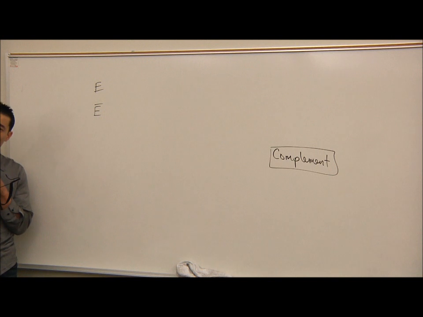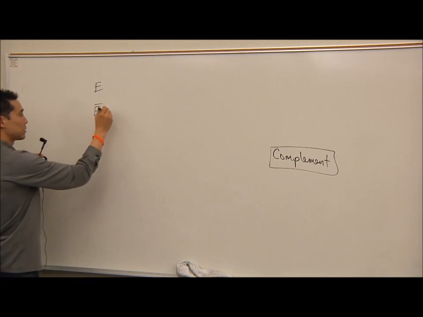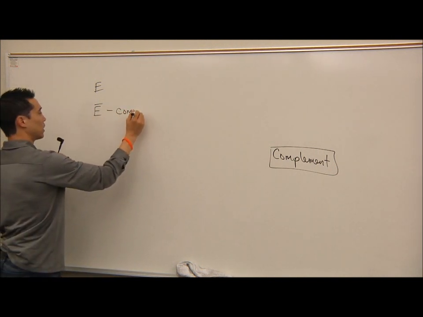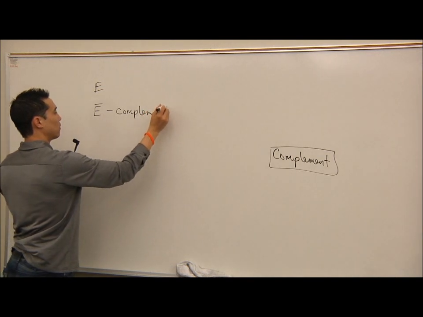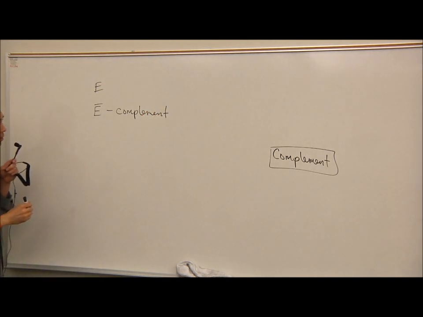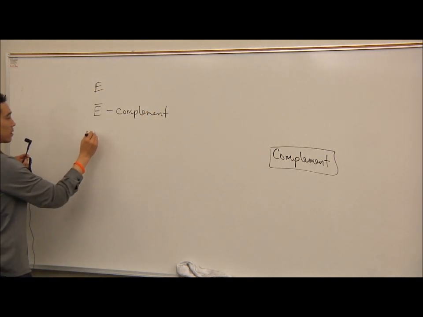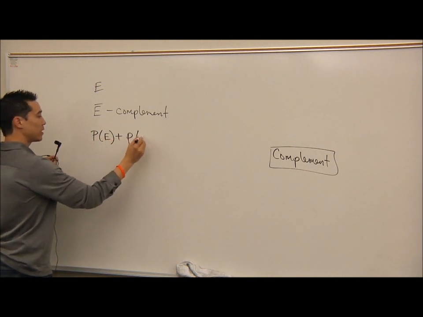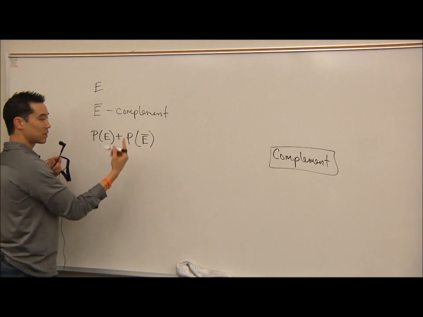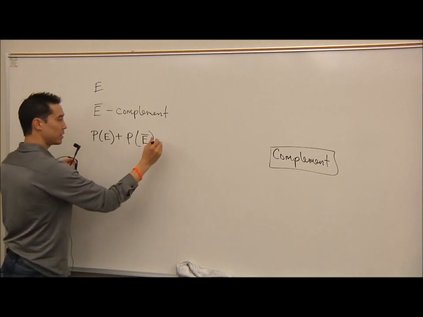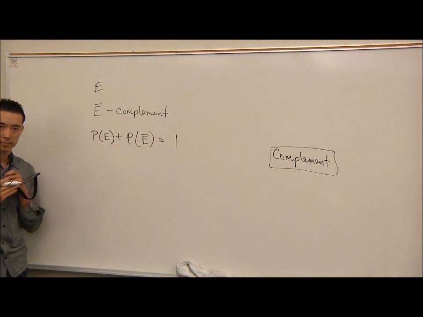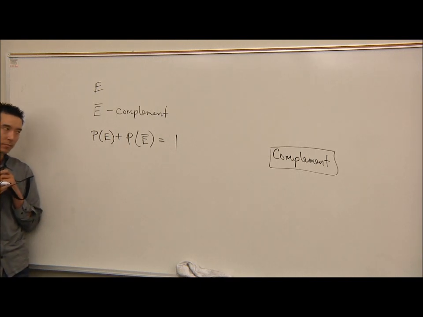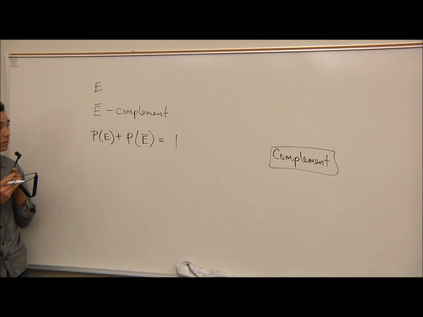It's just E with a line on top of it. That's the complement. Okay? And what we need to know is the probability of E plus the probability of E complement, which is everything not E, has to equal 1. Okay? And that's a probability rule that we're going to make use of all the time.